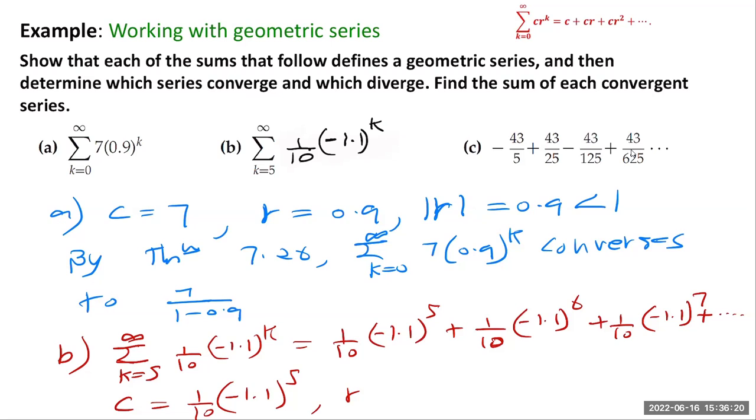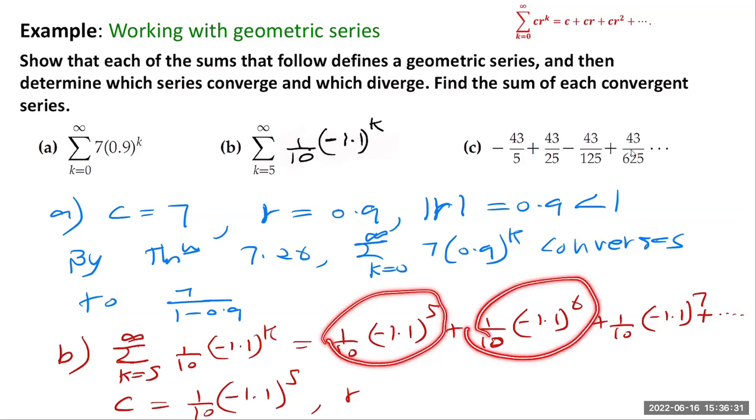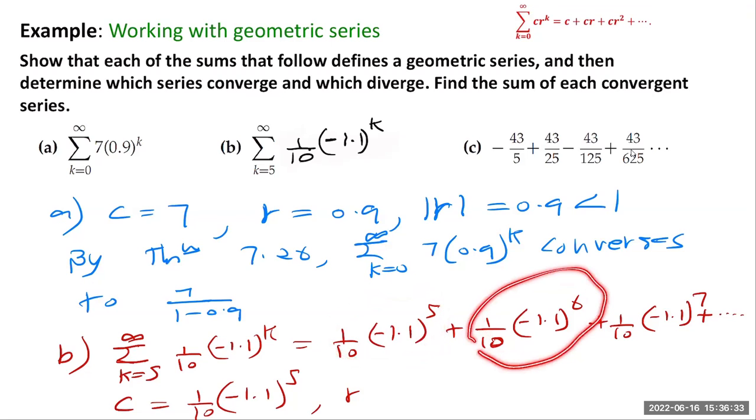Notice that to get each term, you need to multiply the previous term by negative 1.1. If you multiply this term by negative 1.1, you get the next term, and so on and so forth. That means R is negative 1.1. That is the constant multiplicative factor that we discussed when we were talking about sequences.